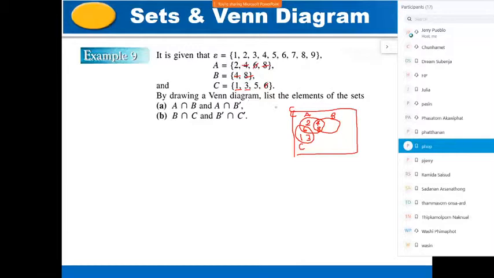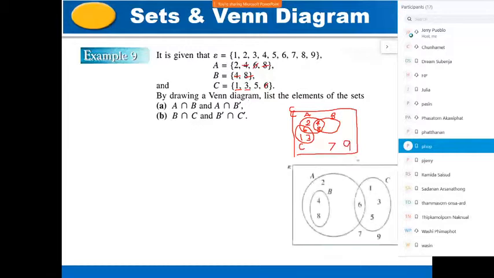Do we have 1? Yes. 2? Yes. 3? Yes. 4? Yes. 5? Yes. 6? Yes. 7? We don't have 7, right? We put 7 outside, part of the universal set. 8? Yes. 9? We don't have 9, so I put 9 outside. That's why your answer is like this.